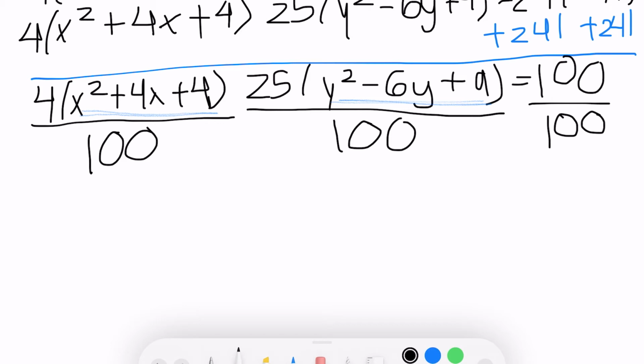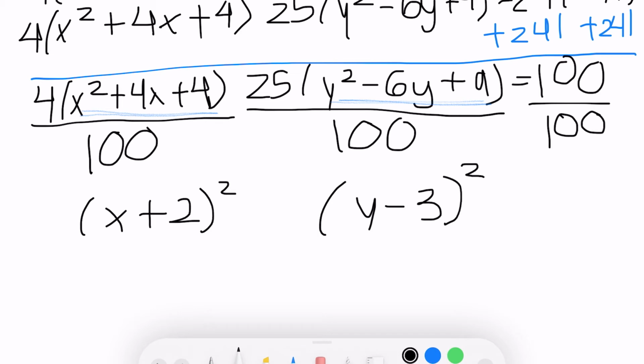In the parentheses, as you can see, it looks like we can factor this, and that is true. x squared plus 4x plus 4 is factored to x plus 2 squared. And the same thing with y squared minus 6y plus 9, which simplifies to y minus 3 squared.